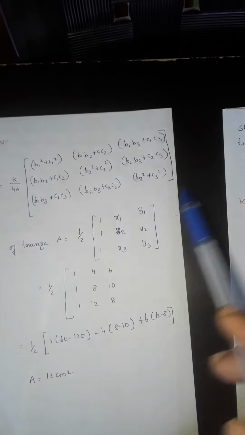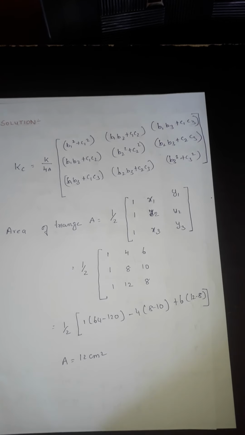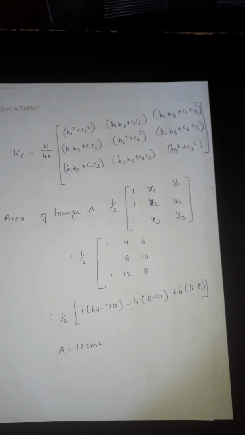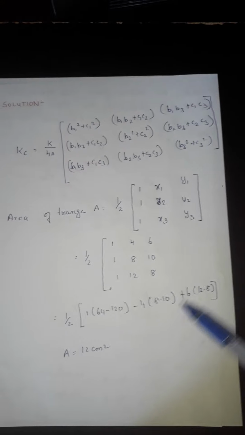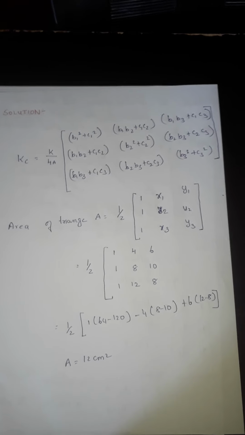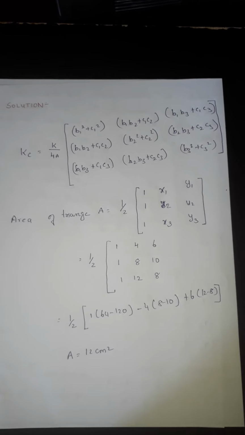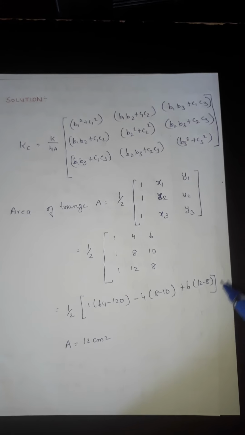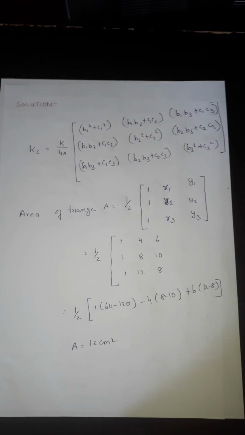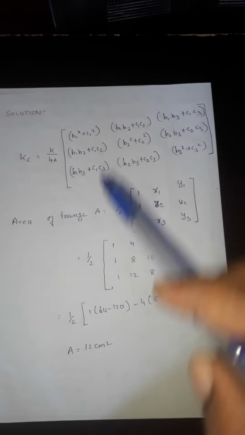So easily you can memorize it. The B's and C's are computed from the x and y coordinates of the points that we have to find out. The area, x1 x2 x3, because it's a triangular element, always has the same formula. So A is equal to 12 centimeter square. So the conduction stiffness matrix is given by this one.